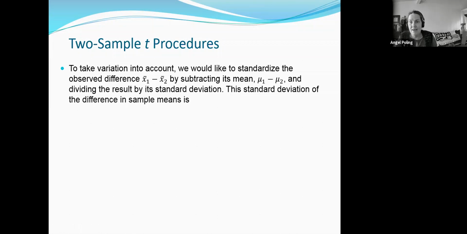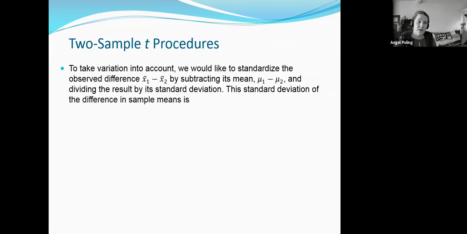To take variation into account, ooh, that means we're getting to standard deviation, right? So to take variation into account, we would like to standardize the difference, the observed difference between the first group and the second group, right?